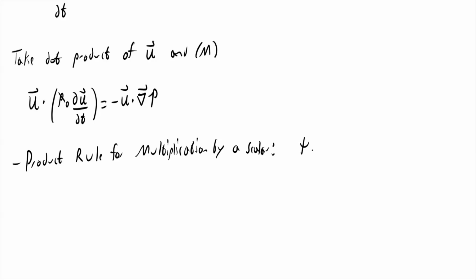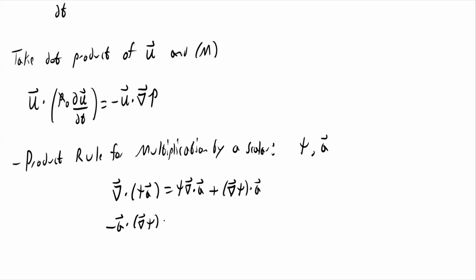So if we have scalar phi and vector A, then the divergence of phi times A is equal to phi times the divergence of A plus the gradient of phi dotted with A. Or you can rearrange that to say negative A dot grad phi is equal to phi divergence of A minus the divergence of phi times A. And you can compare the right-hand side here, negative u dotted with grad P, and down here, negative A dotted with grad phi. So we're going to make that substitution.